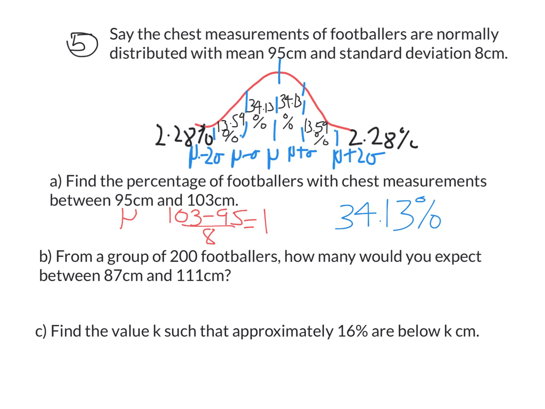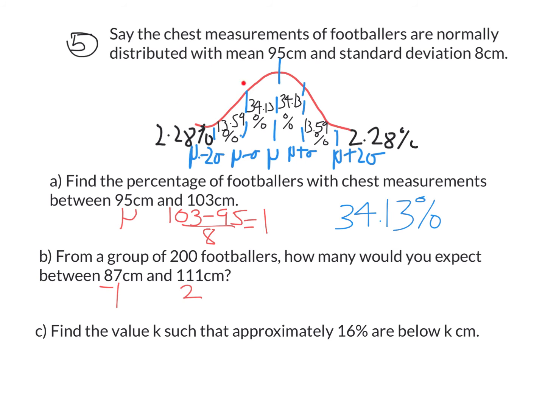So part B. From a group of 200 footballers, how many would you expect between 87 and 111? So let's convert these to z-scores. For 87, we go 87 minus 95 divided by 8 and get minus 1. 111 as a z-score, we go 111 minus 95 divided by 8 and we get 2. This is asking us how many we'd expect to be between 1 standard deviation below the mean and 2 standard deviations above the mean.